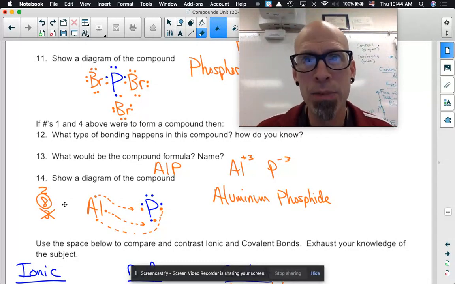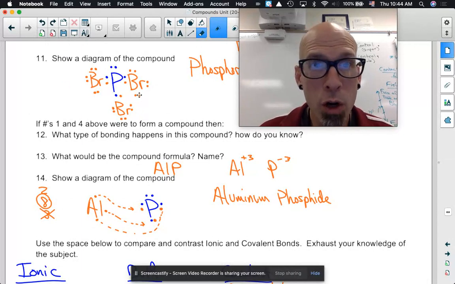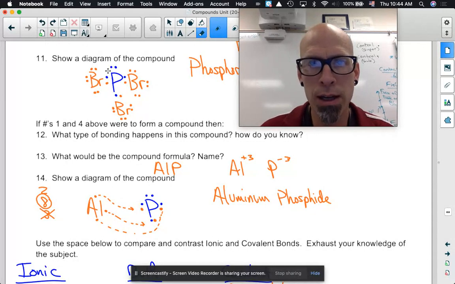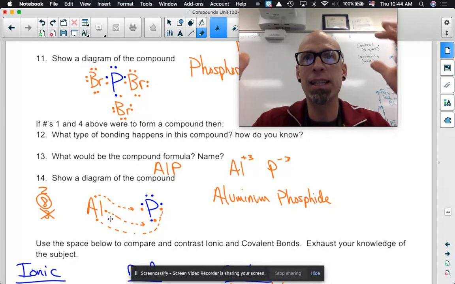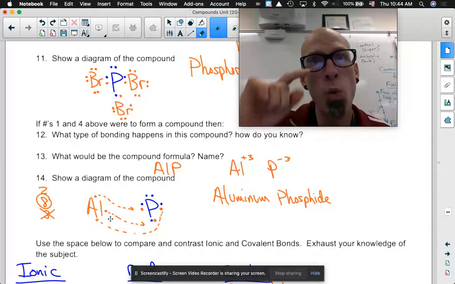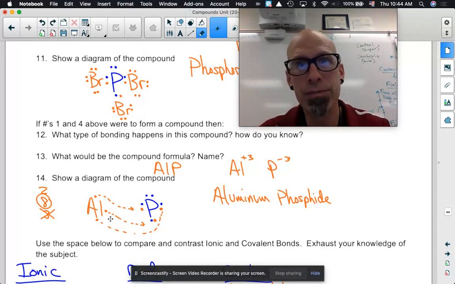That's an octet. So aluminum has an octet even though we don't see it. Covalent, we will always see the octets in the picture. Okay. Ionic, we won't see the octet on the positive ion because that octet is hidden. It's the next level down that becomes the outermost level once the 1, 2, or 3 on the outside take off.